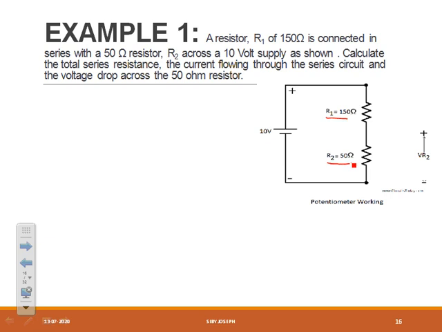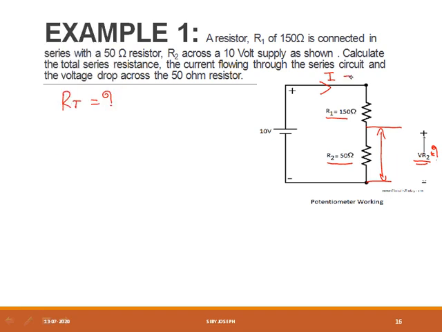We want to find, first, the total resistance RT; second, the current I through this circuit; and third, VR2, that is the voltage across the resistance R2.